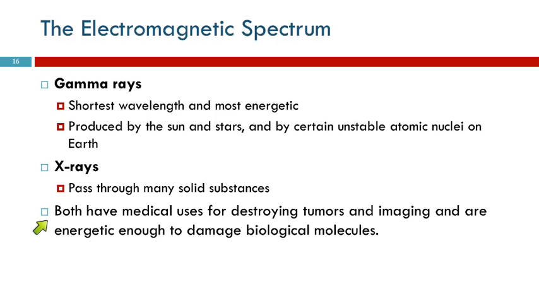You can do an X-ray, and you can do many other useful things with them, but they are energetic enough to damage biological molecules. And so you don't want unnecessary X-rays, and they do them with the minimum amount of energy necessary. So X-rays are strong enough that they can go through many solid substances.